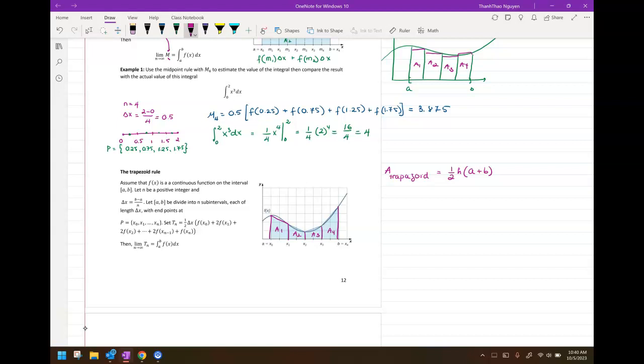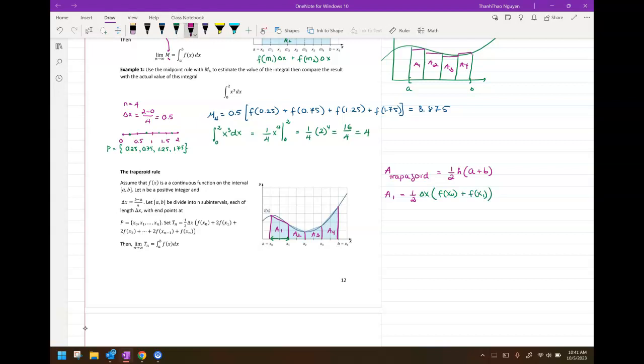So the area 1 is equal to 1/2 times the height. The height of this trapezoid is the distance delta x, times delta x. A will be f of x naught. B is f of x1.